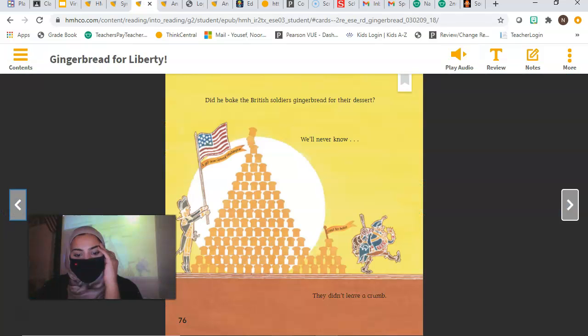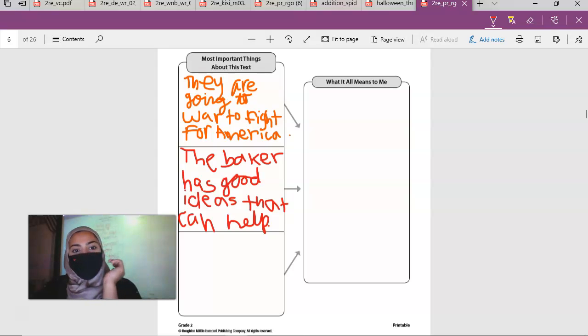Okay, so let's go ahead and fill out the last part. So they are going to war to fight for America. The baker has good ideas that can help. And then what happens? The British soldiers disappear, right? And the war is over. So let's write that down. The British soldiers disappear and the war is over.